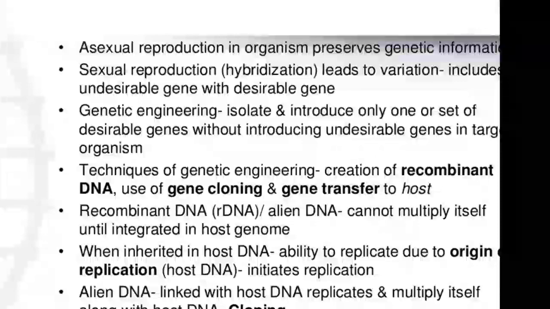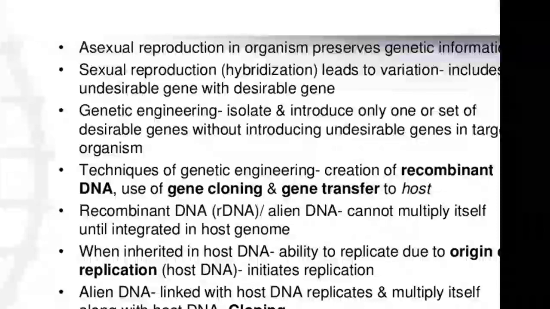This is done with the help of gene cloning, the formation of clones, and gene transfer into the host cell. So recombinant DNA, or we can say rDNA or alien DNA, cannot multiply itself until integrated into the host genome.